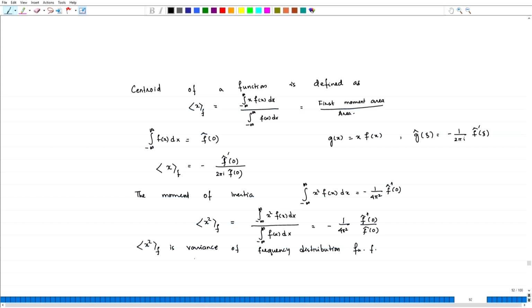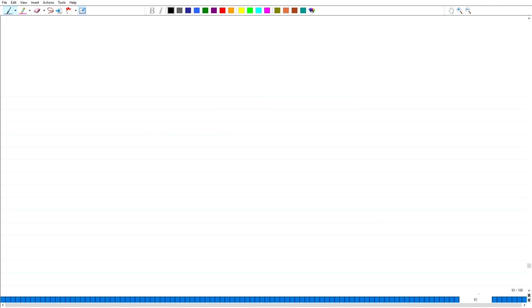Okay. It will be interesting to know how this is going to behave for a convolution function. So, now you consider, what we want to find is x square with respect to this convolution function f convolution g.